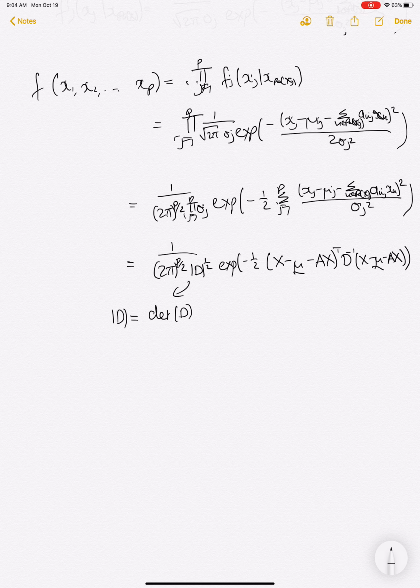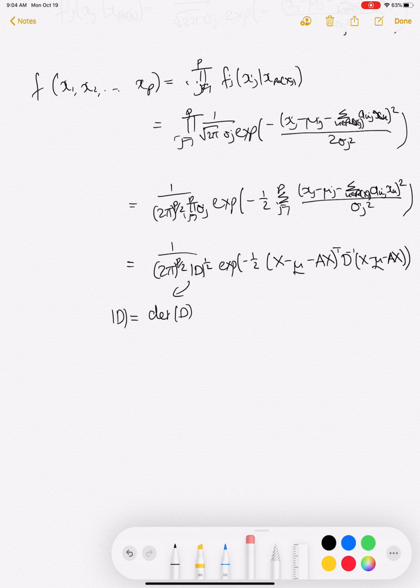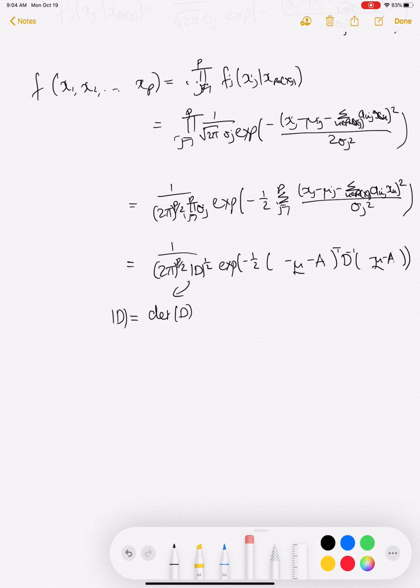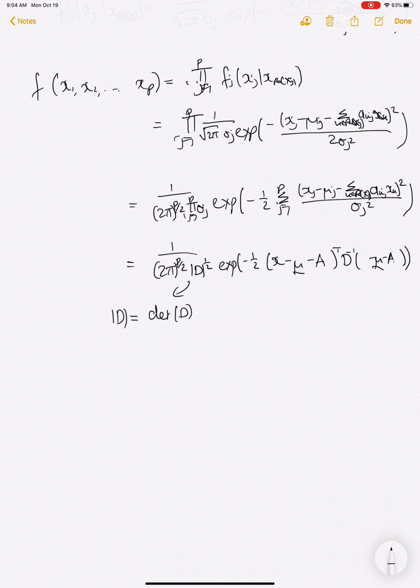So if you want to convince yourself, so this is now, here I'm going to use this notation. X tilde equals x1, x2 up to xp. So this is a vector.